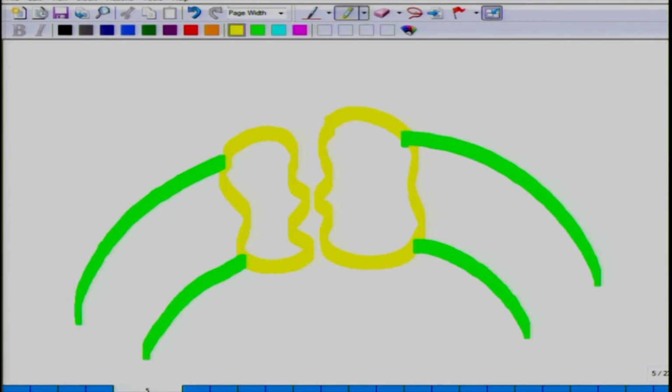What they essentially have is a segment which acts as a voltage sensor, which can sense the voltage across the membrane.